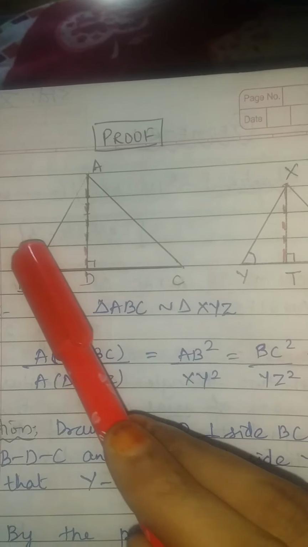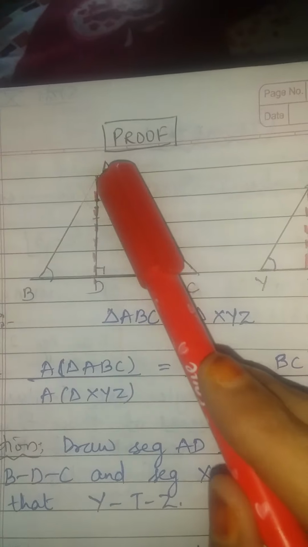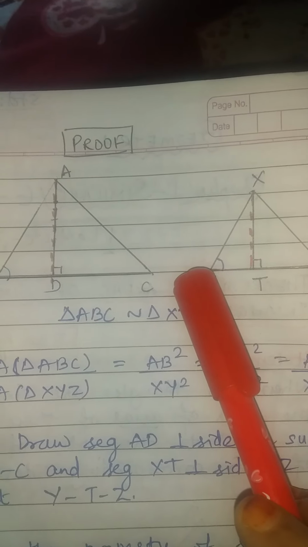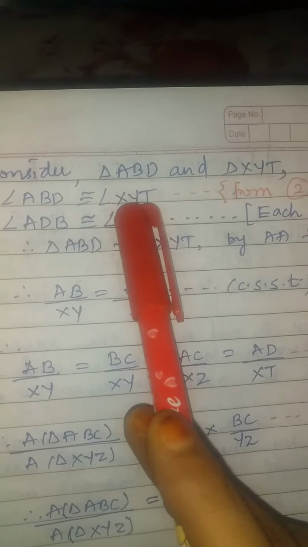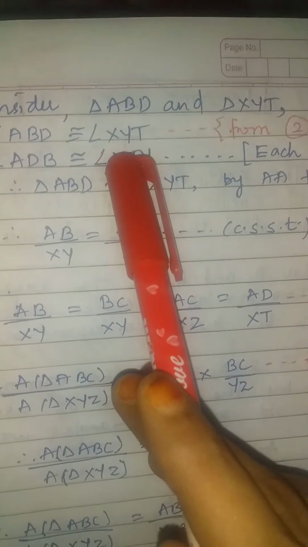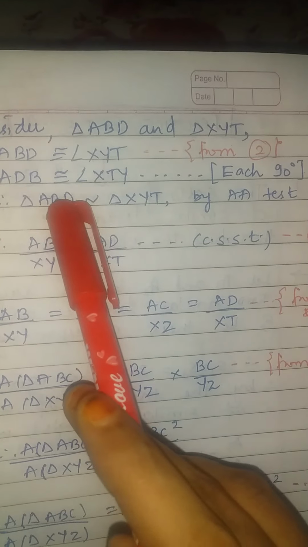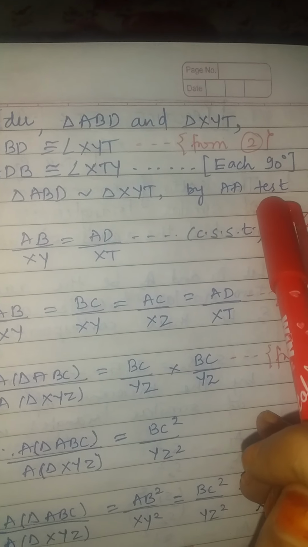Angle ADB is congruent to angle XTY, that is the second right angle of the other triangle. So we are having angle ABD congruent to angle XYT, that is from equation 2, and angle ADB congruent to angle XTY, that is each 90 degrees. Therefore, triangle ABD is similar to triangle XYT by the AA test for similarity.